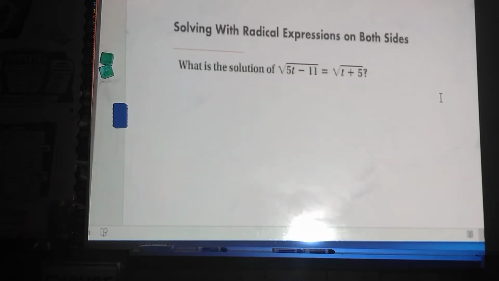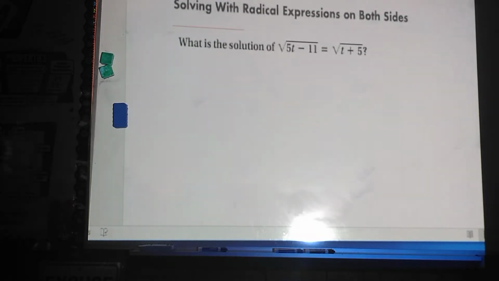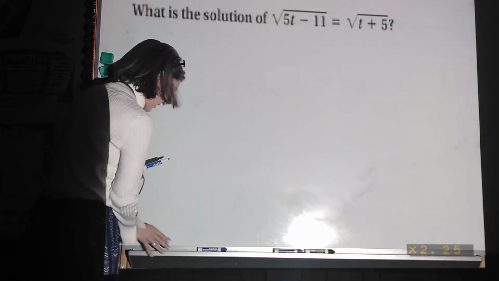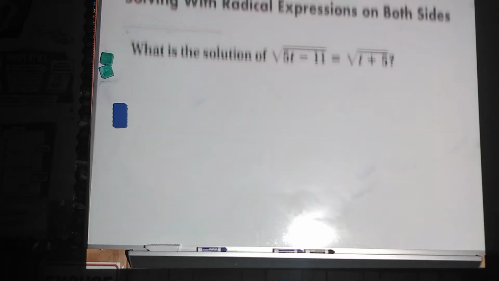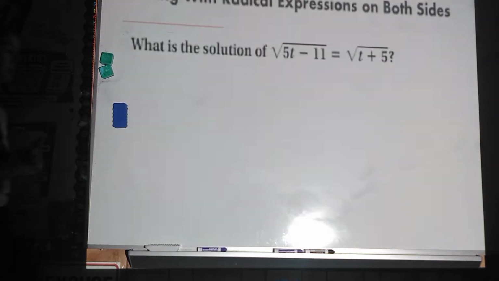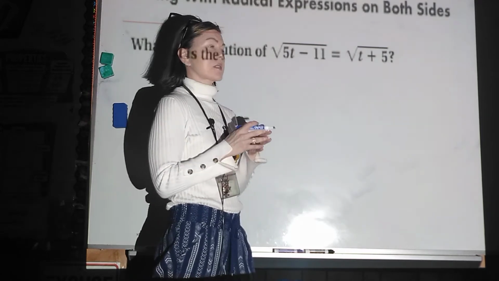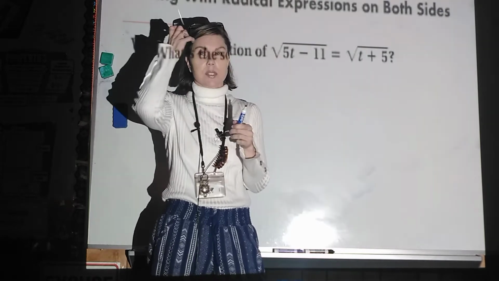Now we have solving with radical expressions on both sides. Write it down, okay? I'll try to make it a little bit bigger. And scrolling it up. There we go, okay? So, you guys, we have radicals on both sides of the equal sign, okay?